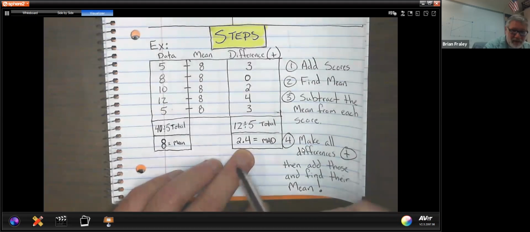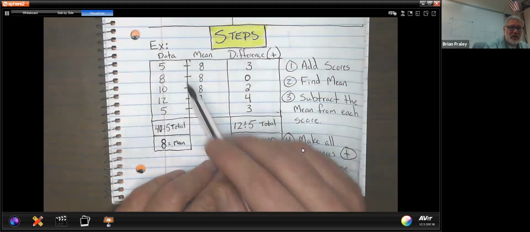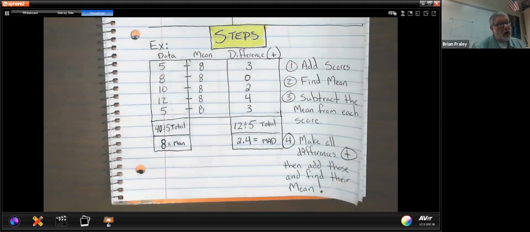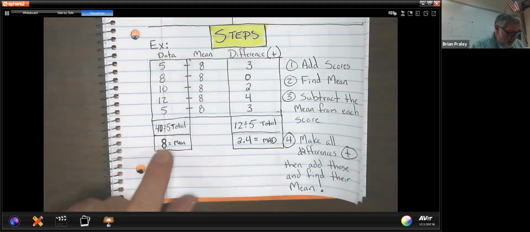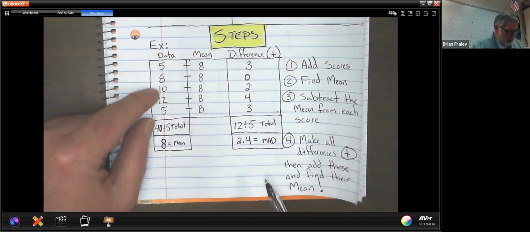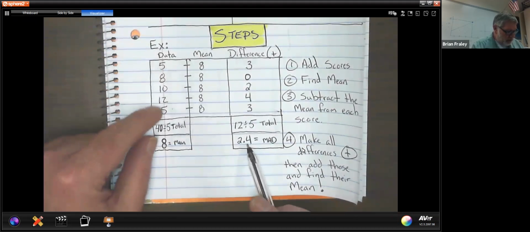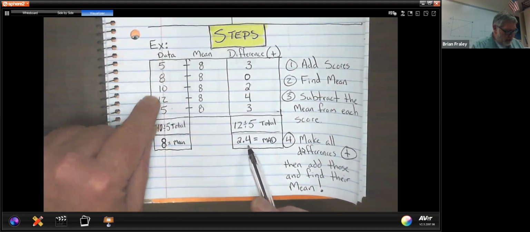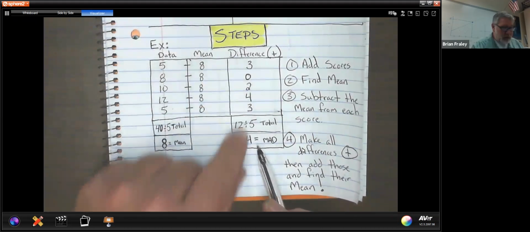Okay, again, this is telling me that all of the scores are about 2.4 places away from the actual average, which is 8. And if you look at them, most of them are close, at least right around 2.4. This one's actually a little bit more, but the majority of them are close.